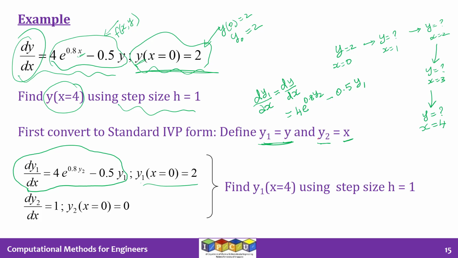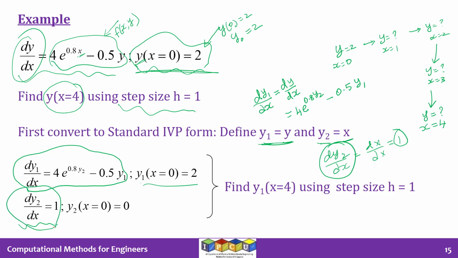Now, if y2 is equal to x, dy2 by dx is going to be dx by dx, which is equal to 1. Therefore, dy2 by dx is equal to 1. This is okay. The right hand side should not be a function of anything other than the y's. It cannot be a function of x if you want to put it in standard form.